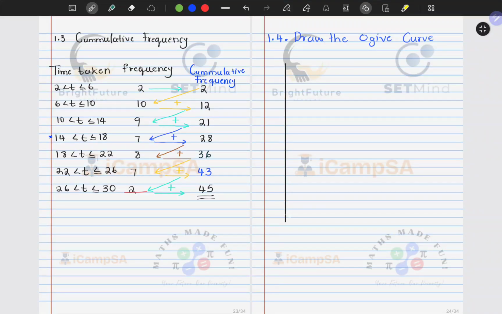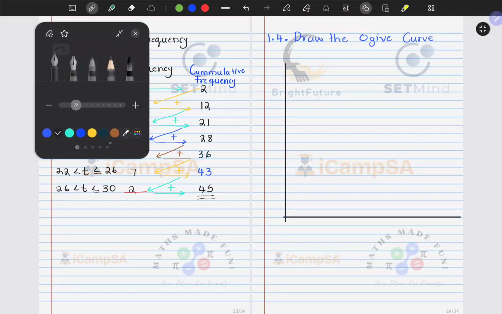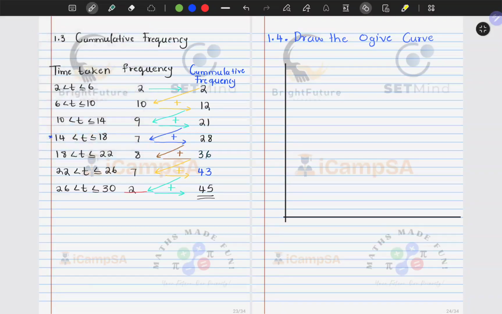So we'll have that. These are going to be our axes, right? So if you observe carefully, what we are going to do is to have a 2 and then have a 6.